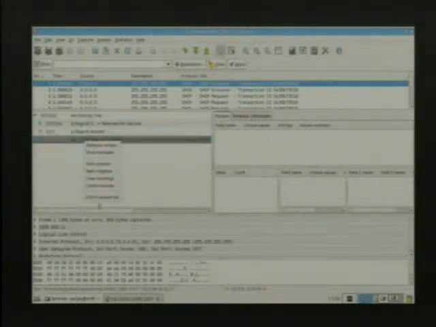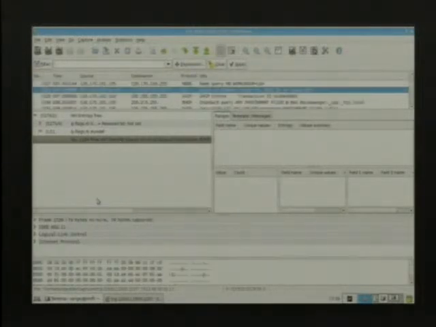And all the 5,275 nodes, they go one direction, and one node goes the other direction. So that node must be special. Let's check it. So what is that node? I'm selecting it, picking it in the packet list. I'm going to see it in the Ethereal header.